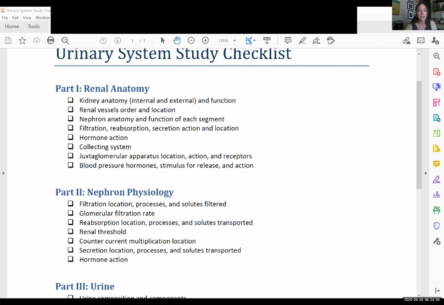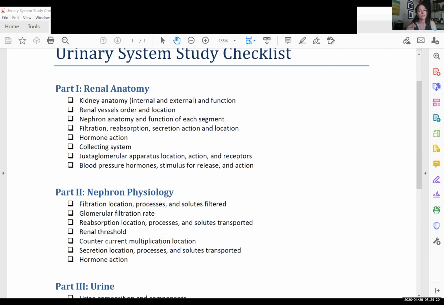So in nephron physiology, secretion occurs at the distal convoluted tubule, and again, we're usually forcibly pumping something.